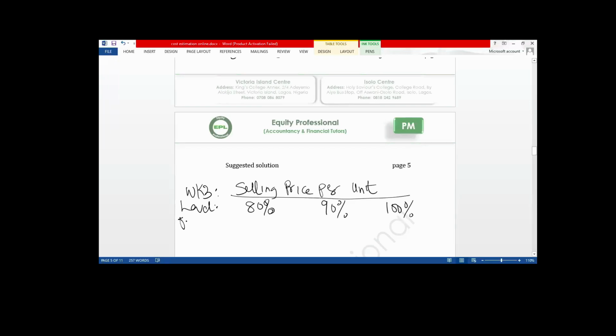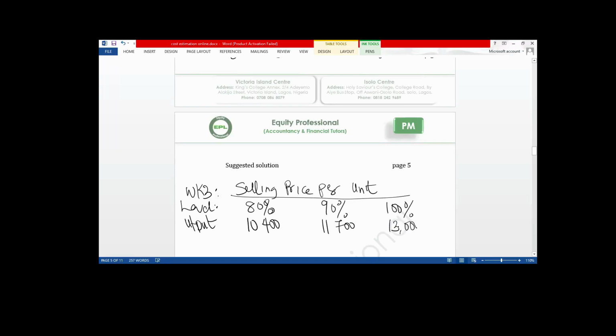Our outputs: we have 10,400 units, 11,700 units, and 13,000 units.